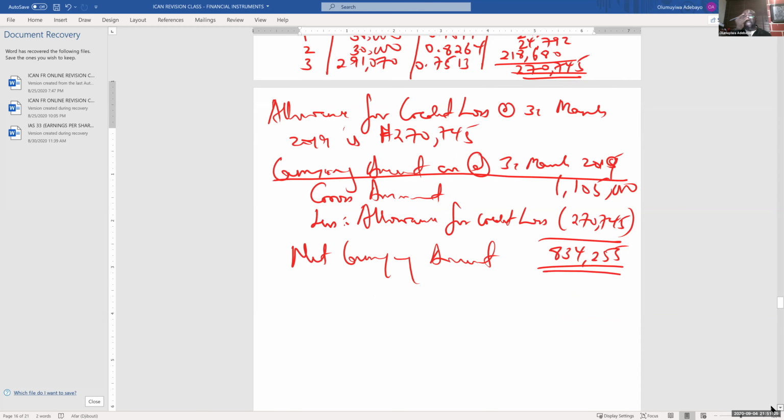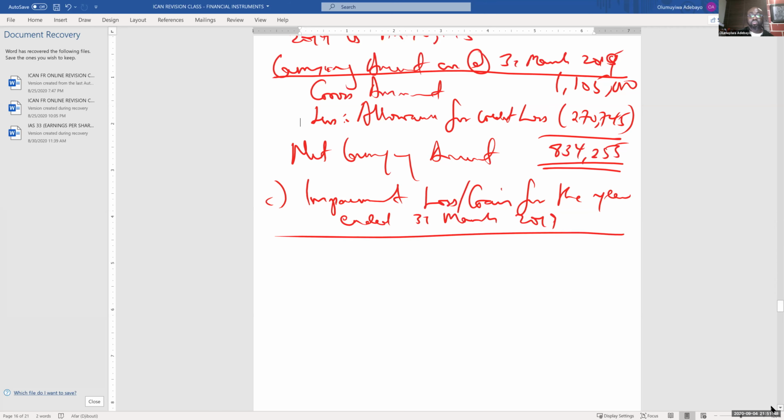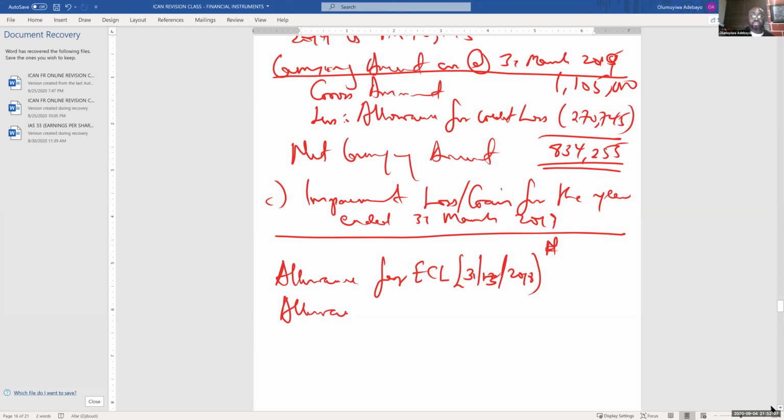Now, C says, what will be the impairment loss I recognize in my income statement? Impairment loss or impairment gain, if any, for the year ended 31st March 2019 will be, I'll compare my allowance for credit loss as at last year, 2018, with my allowance for credit loss as at this year.